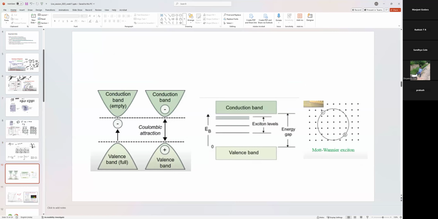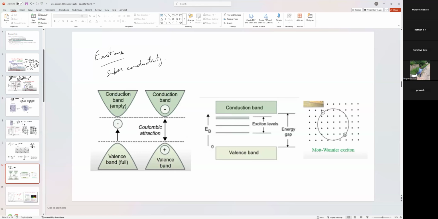Next, we have excitons. Excitons are the reason we get excitonic absorption in materials.